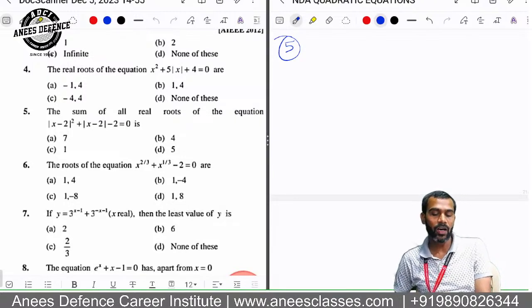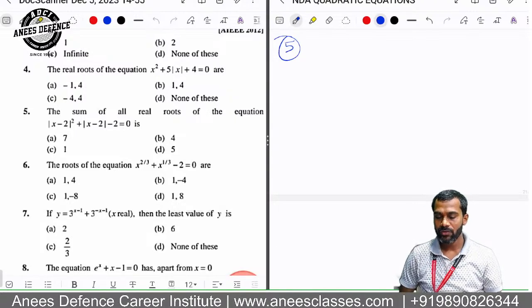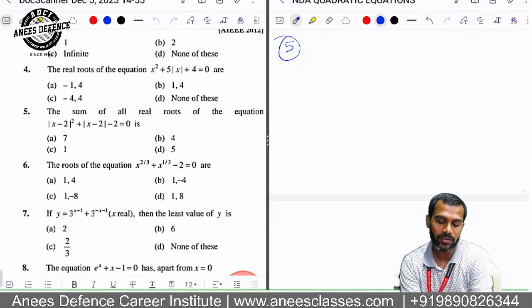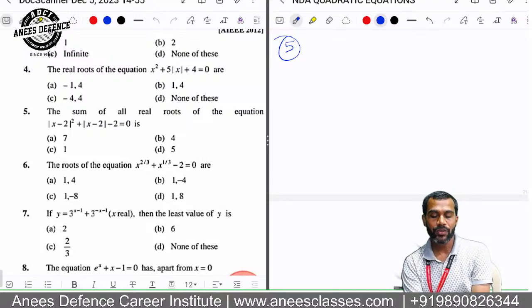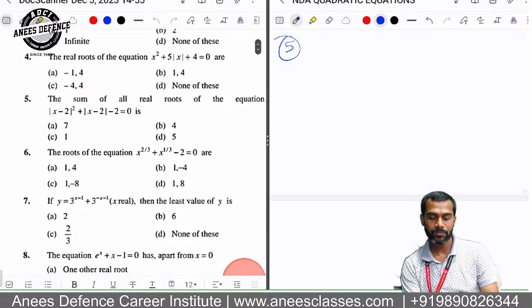As you can see, x square can't be negative, 5 mod x can't be negative, and 4 is already positive. So I hope you understood, right? For any value of x which may satisfy the given equation, x square plus 5 mod x should be minus 4. And it is not possible. Yes or no? Understood? So answer would be none of these.